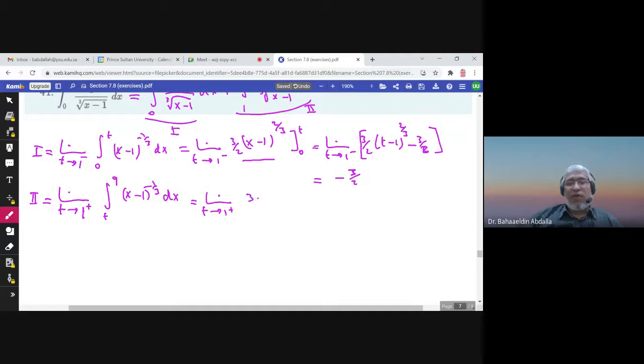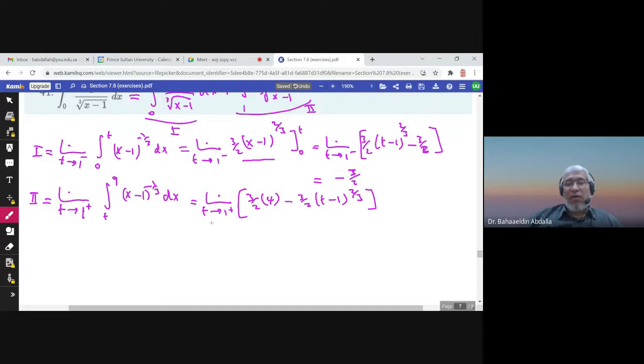So I have 3 over 2, 9 minus 1, that's 8. That's 8 to the power 2 over 3, which is 4, and minus 3 over 2 times t minus 1, replacing x by t, to the power 2 over 3.